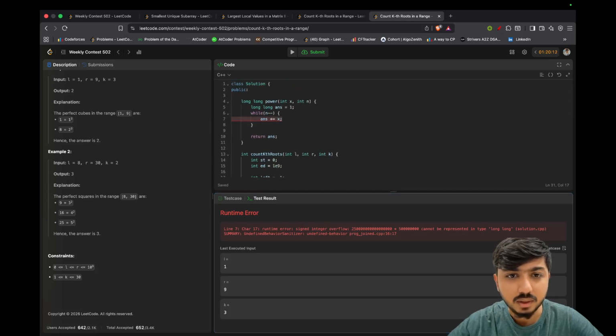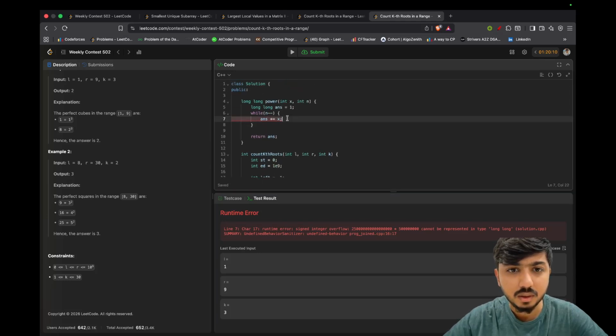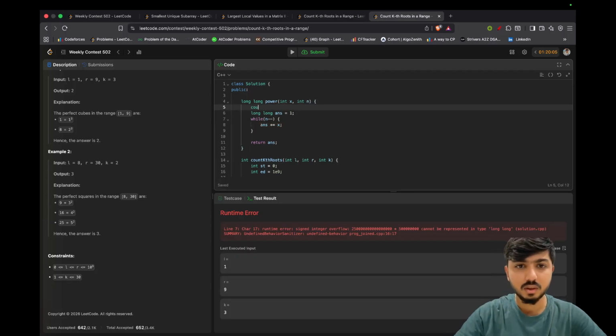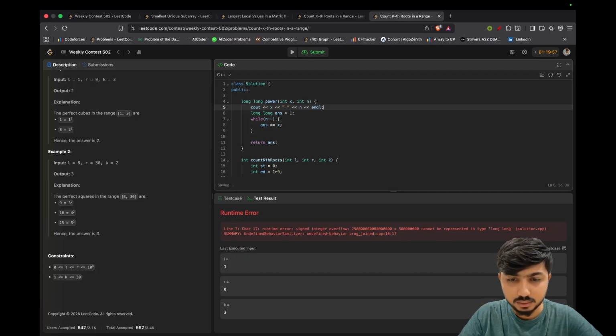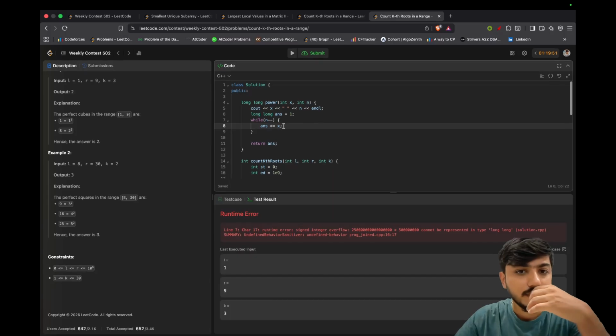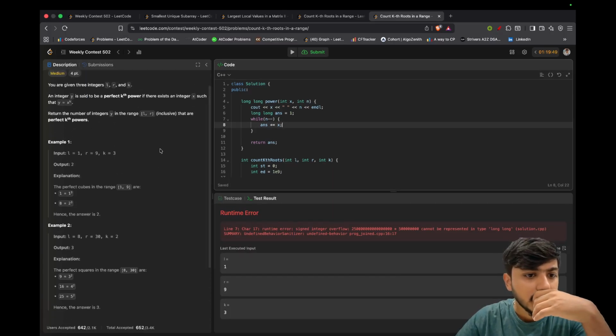Wait a minute. See out X and N. What's going on here? Just normal power, right?